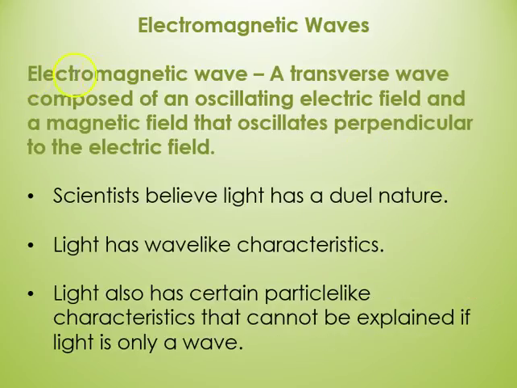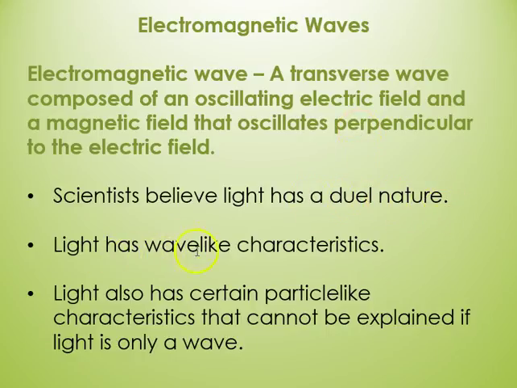So an electromagnetic wave is a transverse wave composed of an oscillating electric field and a magnetic field that oscillates perpendicular to the electric field. So this is the basic description. Scientists believe that electromagnetic waves have a dual nature.